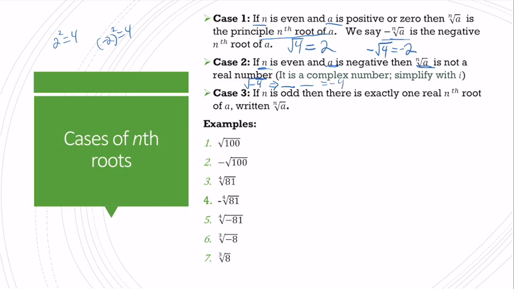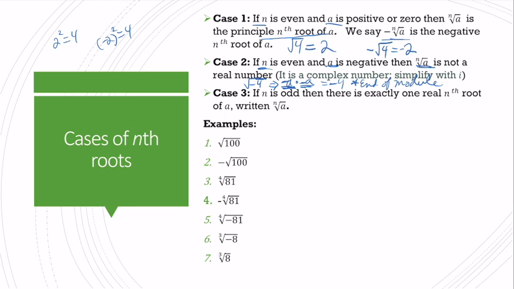Both of these have to be identical, because if I had two positives, that wouldn't give me a negative. If I had one negative, that would give me a negative, but we need both of these to be the same. And if I had two negatives, that would give me a positive. So this is a complex number. Wait around, we're going to see this at the end of this module.